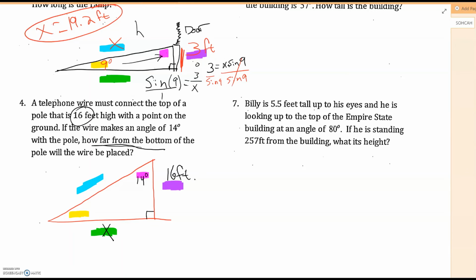Okay, so go ahead and solve that. Here I have opposite and adjacent. So this is tangent of 14 equals x over 16. So when I cross multiply, I get x equals 16 times tangent 14, which turns out to be about 4 feet.